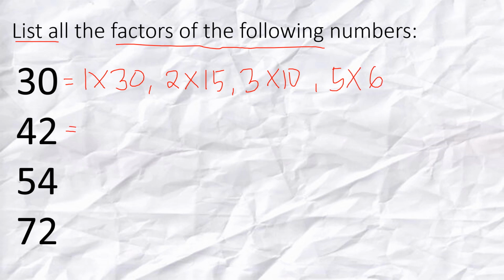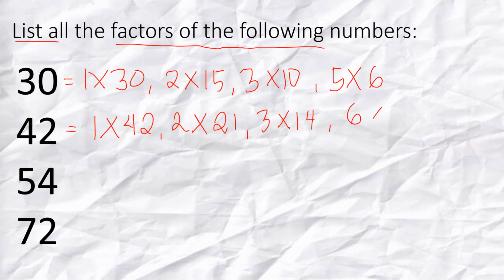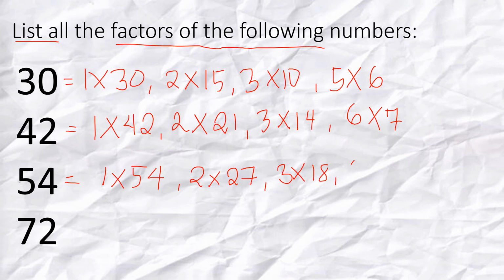For the number 42, the factors are 1 times 42, 2 times 21, 3 times 14, and 6 times 7. For number 54, the factors are 1 times 54, 2 times 27, 3 times 18, and 6 times 9.